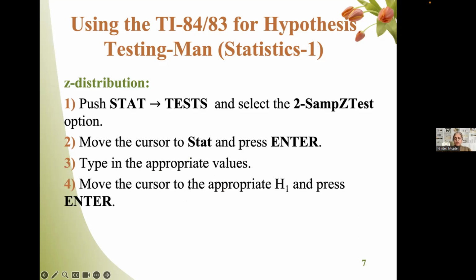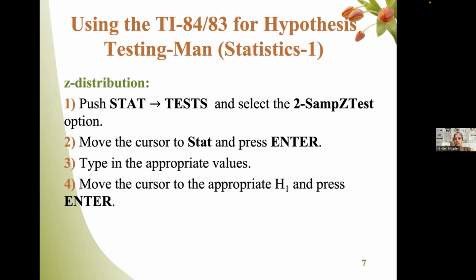And then you move the cursor to the appropriate H1. What do we mean by that? Because before we find our test value and p-value, we have to go through step 1. Step 1 tells you that if you have to write your H0 sentence and H1 sentence, you have to know which one is the claim and what type of tail test we have. So you put the tail test because we have H0.